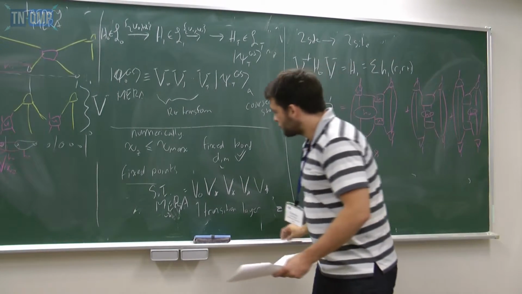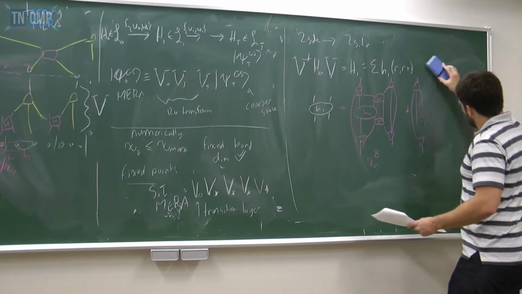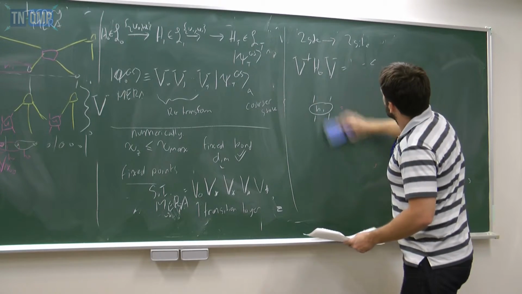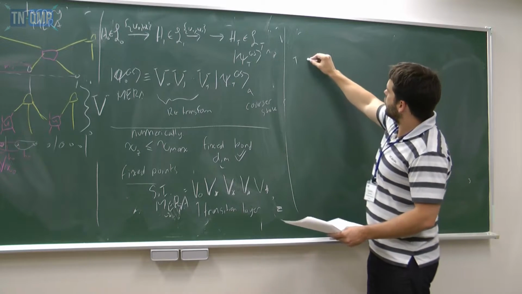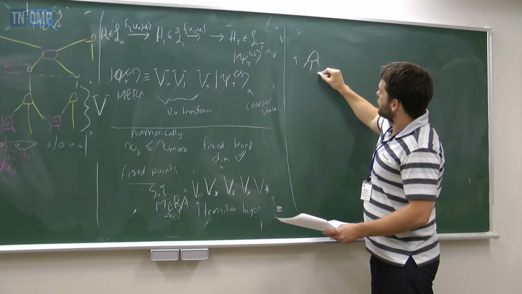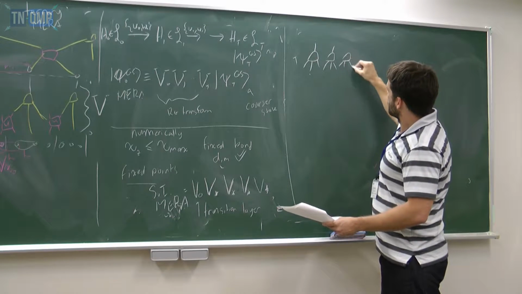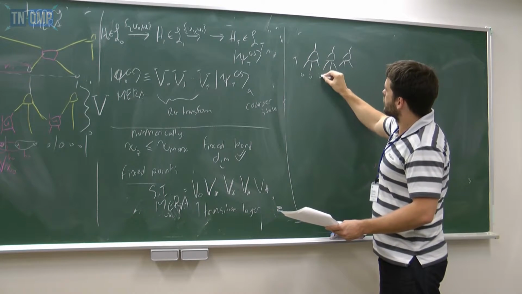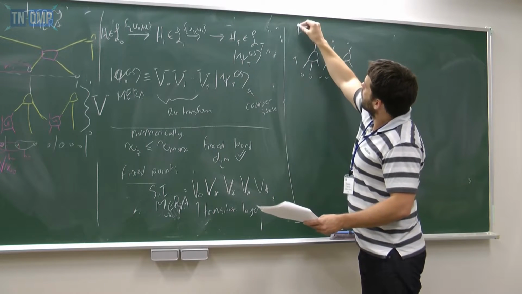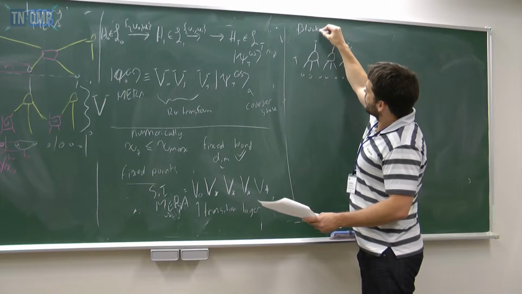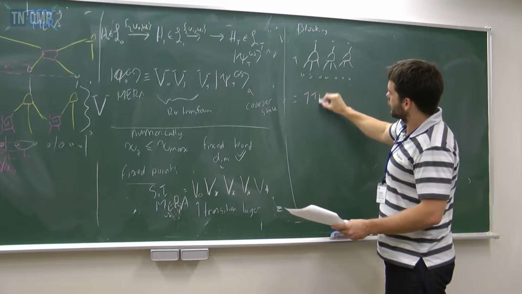Okay, let me just summarize. What we've seen so far is some kind of transformation for a lattice just based upon blocking equals a tree tensor network.